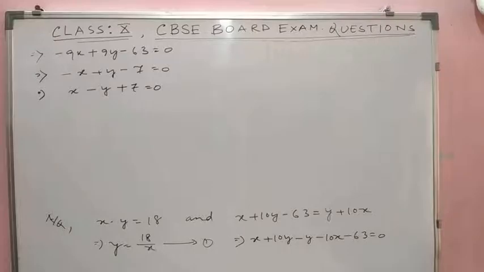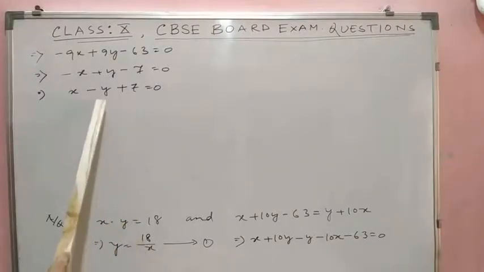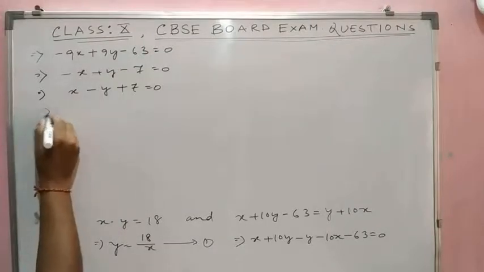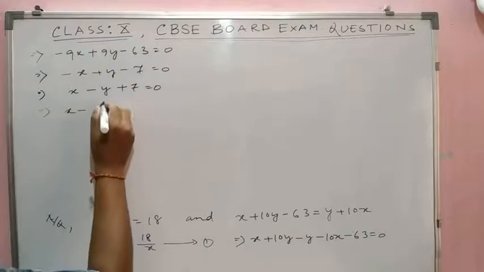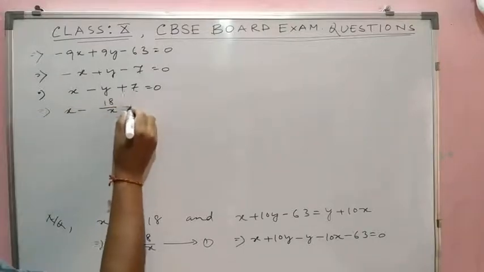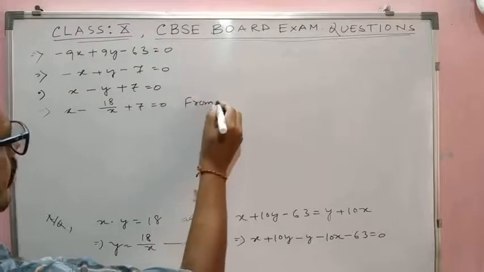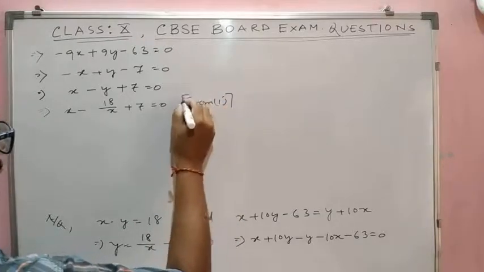So now you try to put the value of y. Value of y equal to 18 by x here. So you get now, x minus 18 by x plus 7 equal to 0, from 1.